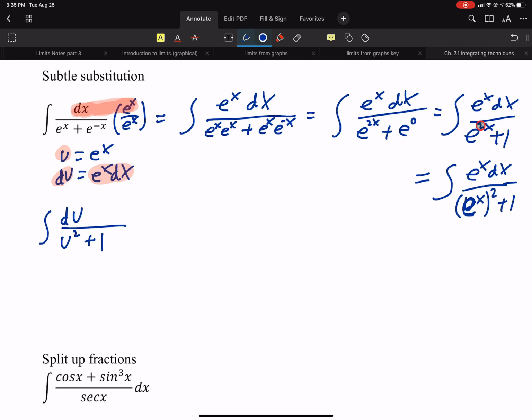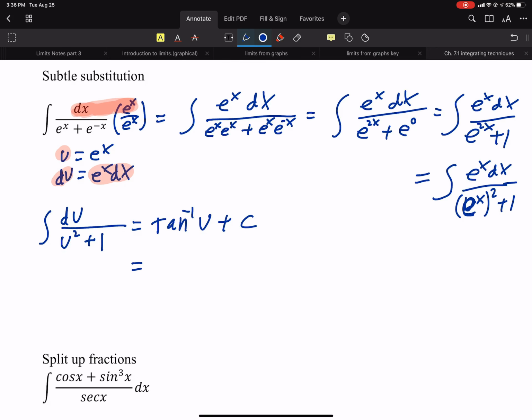So 2 times x is just your 2x. So this is just u squared. So we have that. And hopefully you remember your derivatives, antiderivatives. What form is this? You should recognize this as arctan u. If you don't, you need to study those. We're going to have a quiz on that, a really quick quiz.